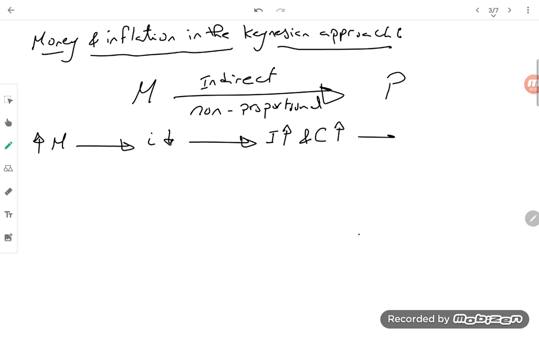As a result, aggregate demand will increase. If we return to the equation of aggregate demand or GDP using the expenditure approach, GDP is calculated as C plus I plus G plus X minus M. So I will increase and C will increase, so aggregate demand is going to increase as well.